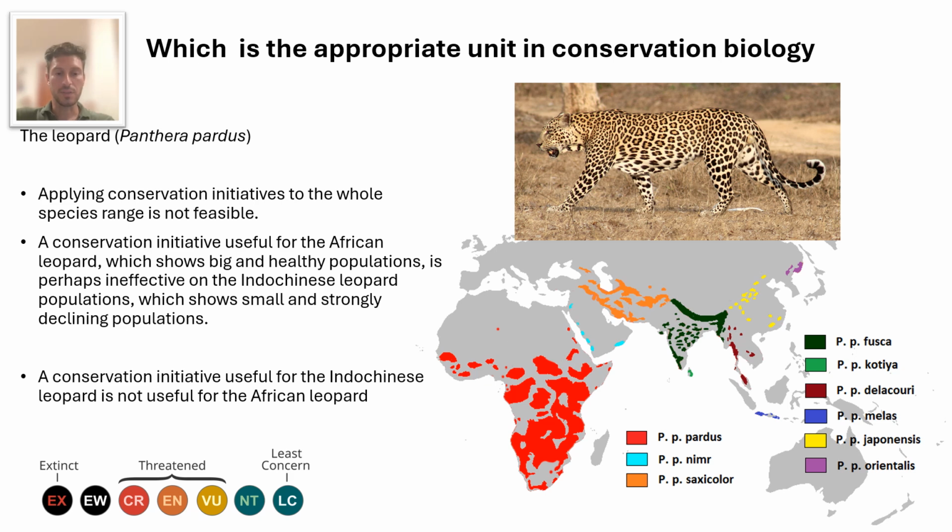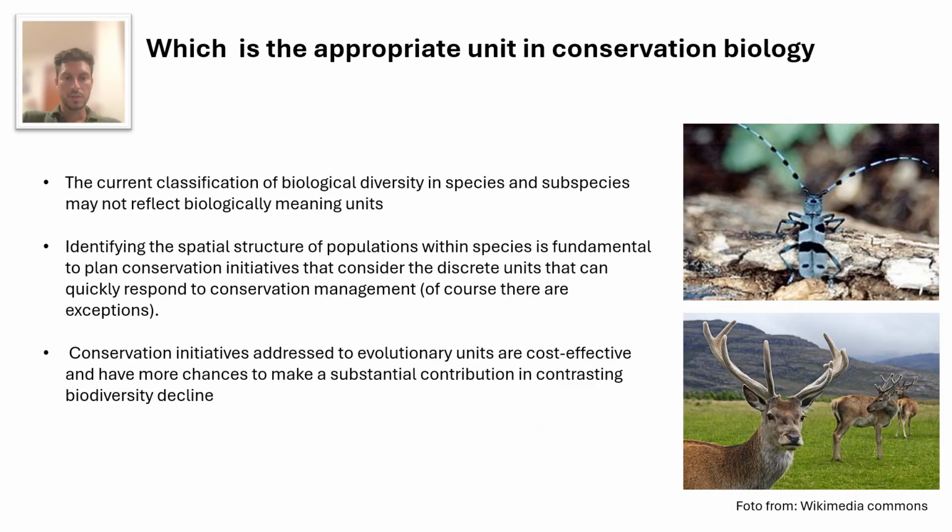Still, a conservation initiative useful for the Indochinese leopard is not useful for the African leopard. So, the current classification of biological diversity in species and subspecies may not reflect biologically meaningful units.